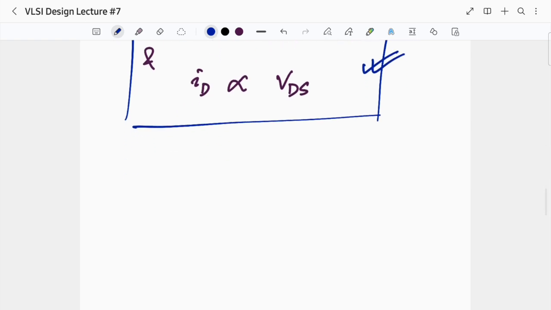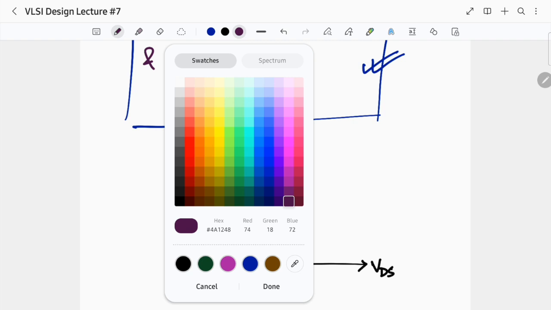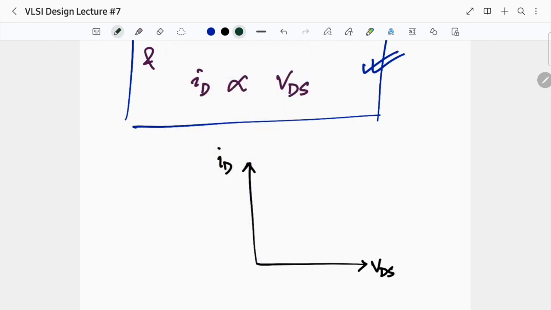Now if I have to plot how this dependency works, on the y-axis I will take the current flow, that is ID, and on the x-axis I will take VDS. And we will see the dependency.